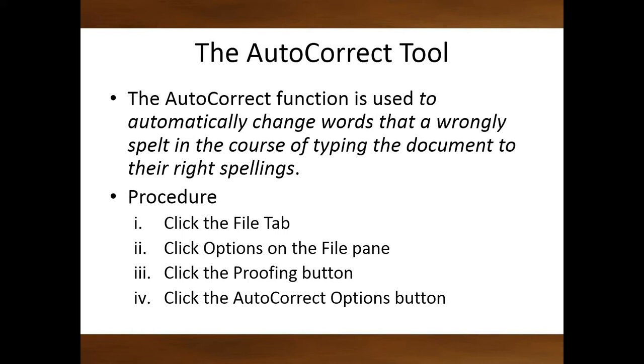So in this case, if you keep on typing that word wrongly, the autocorrect function will automatically replace the wrong spelling with the known right spelling. For instance, let us look at the procedure first, and then we will have an example. Okay, let's have an example.